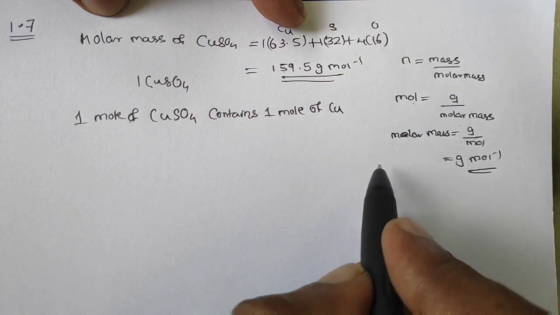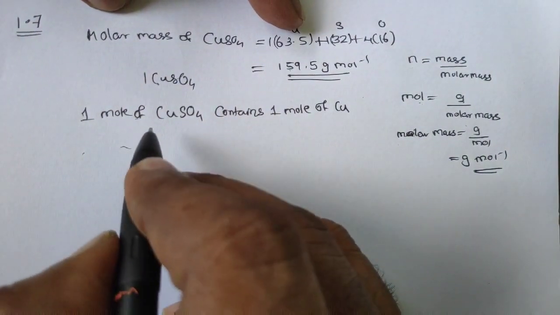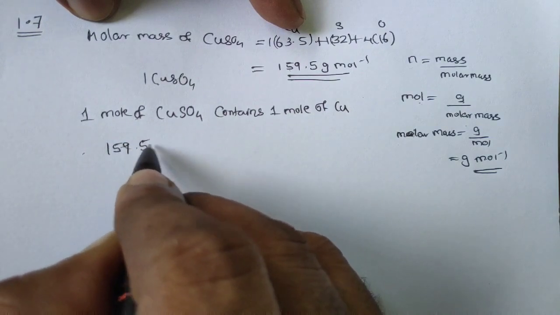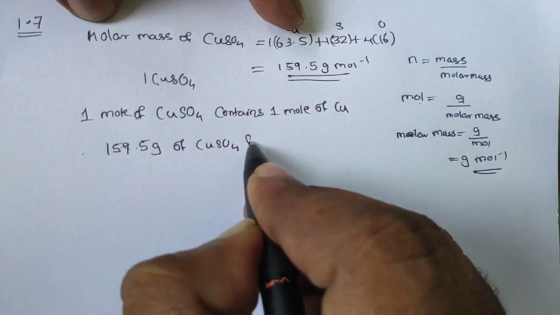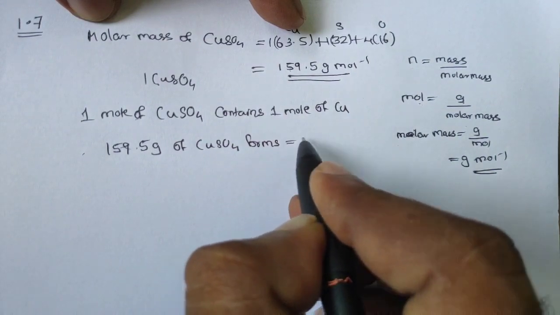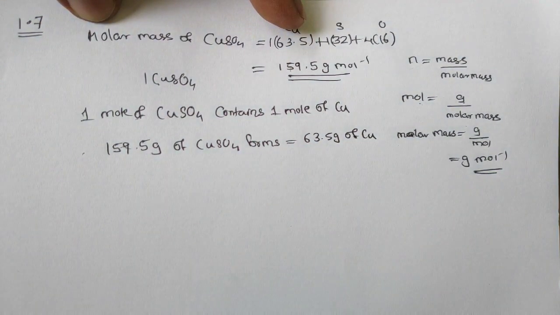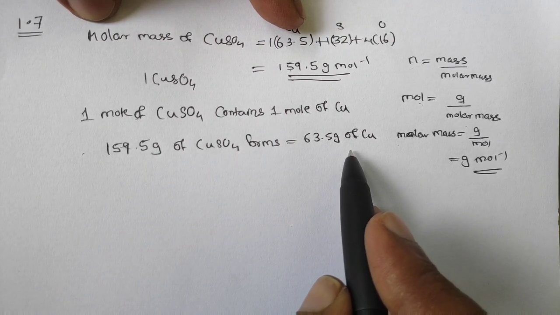Now the next part: we have 159.5 grams of CuSO4, and that forms 63.5 grams of Cu. Understood? Clear? So 159.5 gram of CuSO4 forms this many grams of copper.